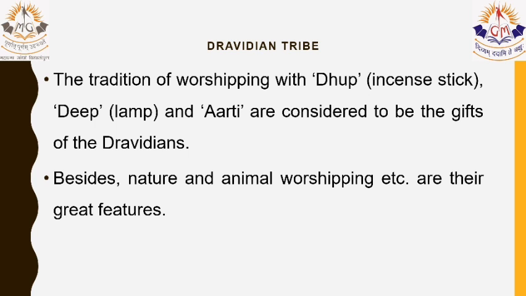Lots of animals have been given the status of vehicles of gods and goddesses. This custom and tradition, which was started by them, continues even today. So we consider them as gifts that the Dravidians have given to the Indian culture.